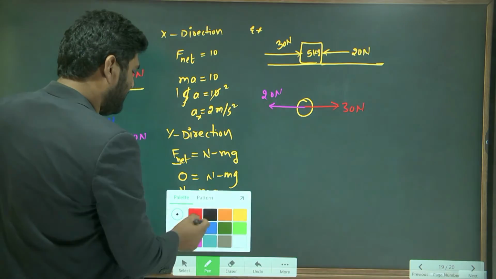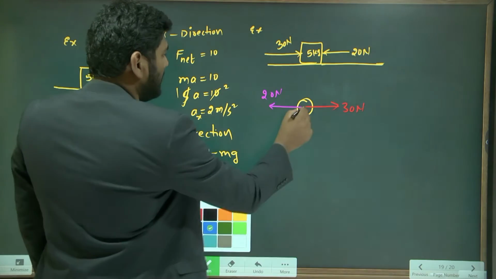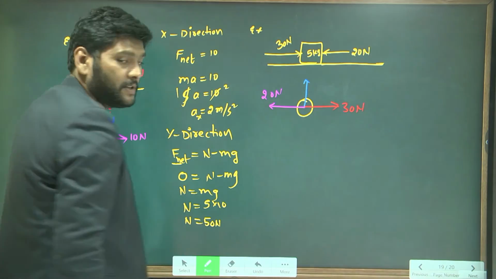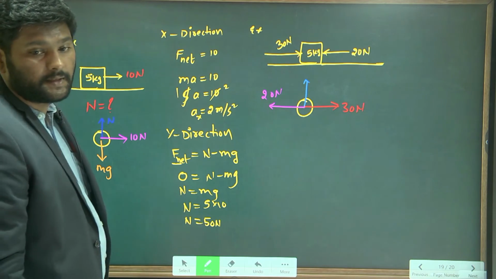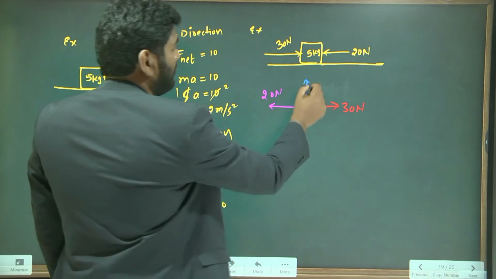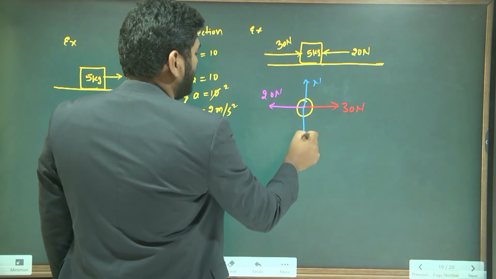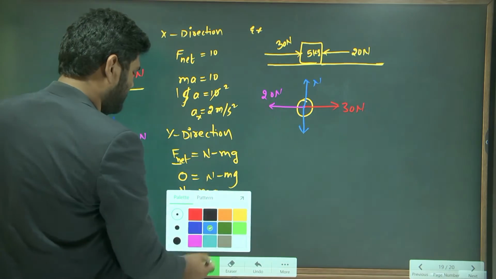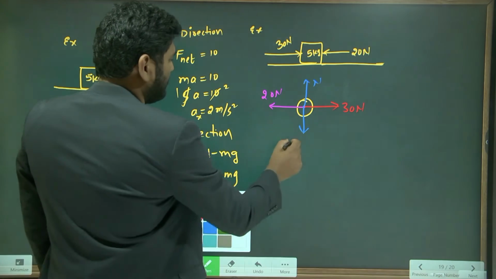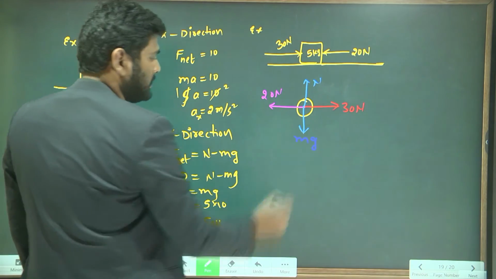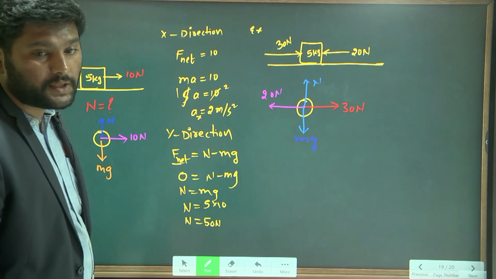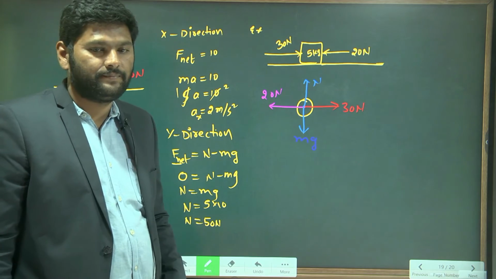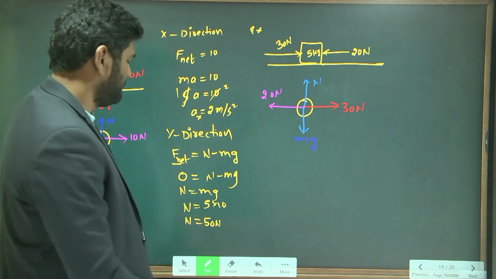Along the upward direction, how much is the force acting? Normal force. Very good. Along the downward direction, what is the force acting? Gravitational force, mg. Totally, how many forces are acting? 4. 4 forces are acting. Understand?